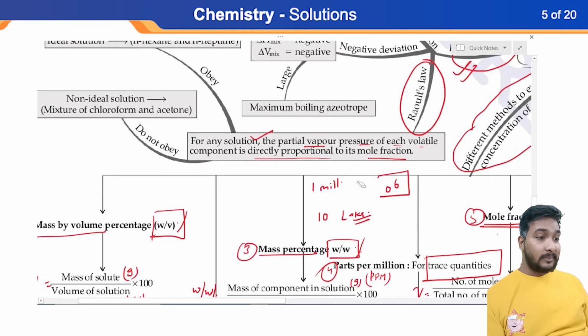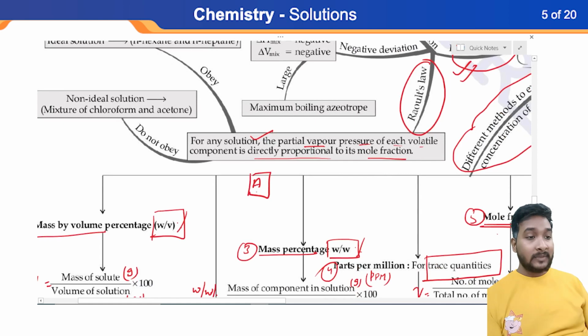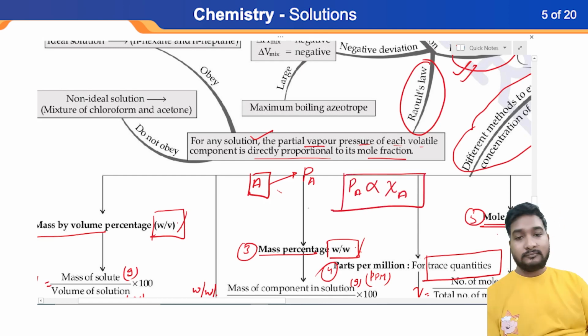Suppose we have component A, or a substance A. Substance A shows some partial pressure, so we call it PA. So PA of A is always directly proportional to chi of A. This is called Raoult's law.